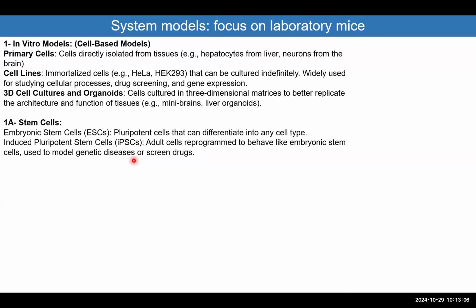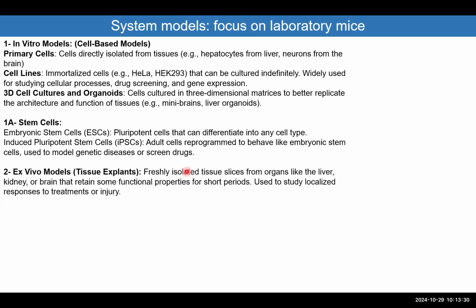Almost any single publication that comes out now has some sort of relation with induced pluripotent stem cells, particularly those working on regenerative capacity of brain, regenerative capacity of heart, and drugs for those particular tissues.